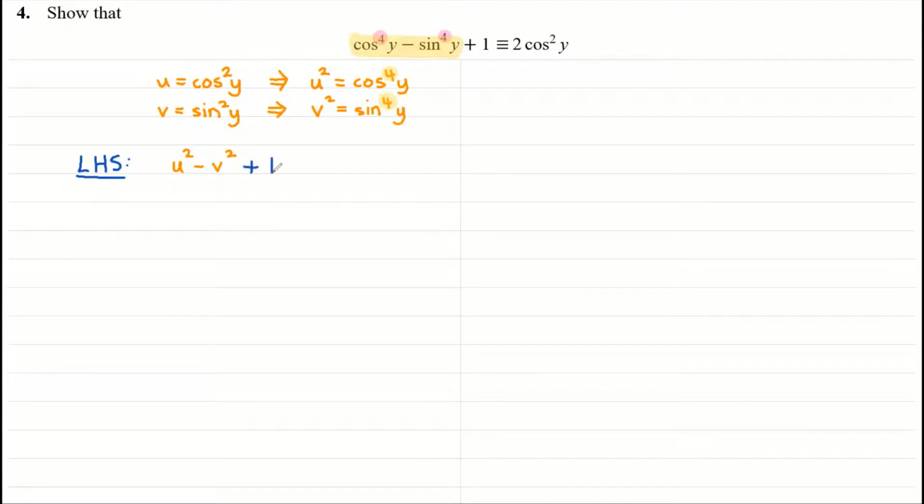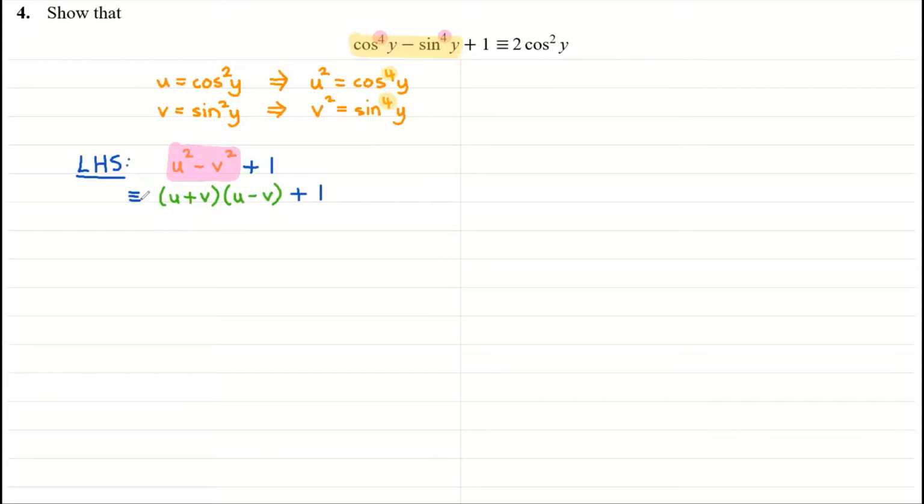And we know this is identical to 2 cos squared y, but we're going to just work on the left-hand side. Now we can see that we've got the difference of 2 squares, u squared subtract v squared. So I can replace this with u plus v multiplied by u subtract v, and then plus 1. So that's what the left-hand side is identical to.